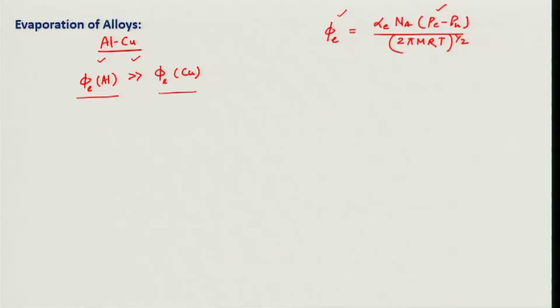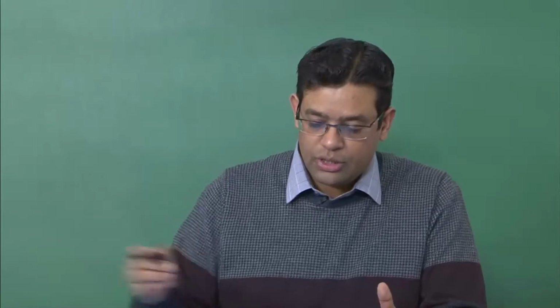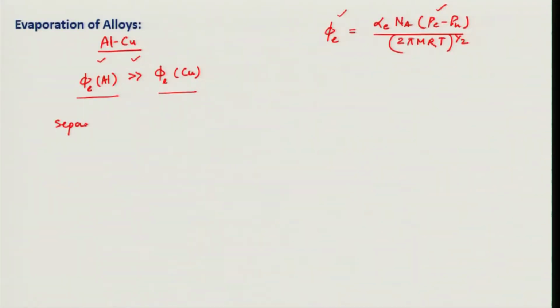So you will not get consistency in the deposition, in the stoichiometry or the composition that you want, because of the difference in their evaporation rates, okay. So it is very difficult to use thermal evaporation for alloys. Of course you can use separate sources for aluminum and copper, okay, and you can adjust their temperatures separately, so that phi_E of aluminum is equal to phi_E of copper, okay.